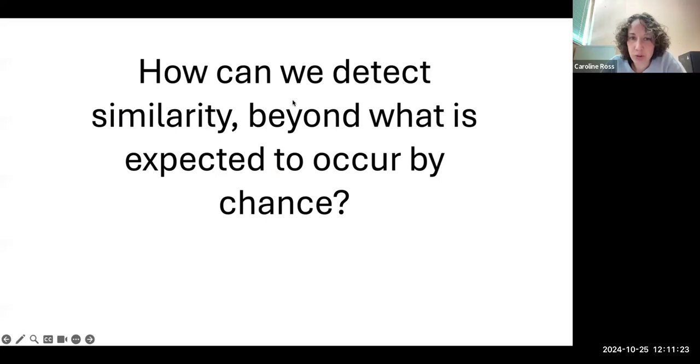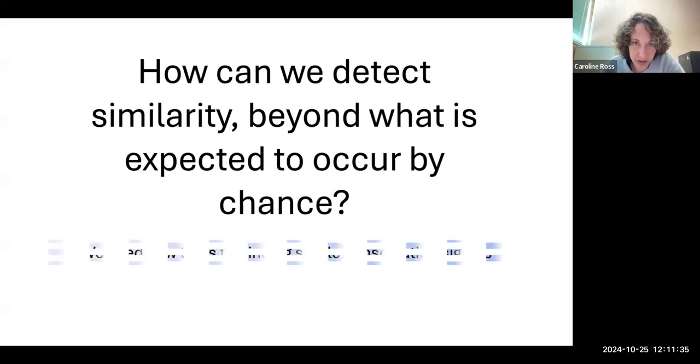And of course, the major question was, well, how can we actually detect similarity in these seemingly random sequences, but detect it to a level that is beyond what is expected to occur by random chance?